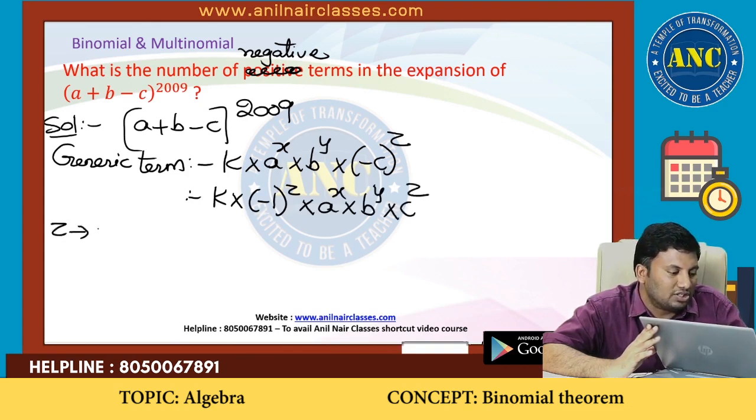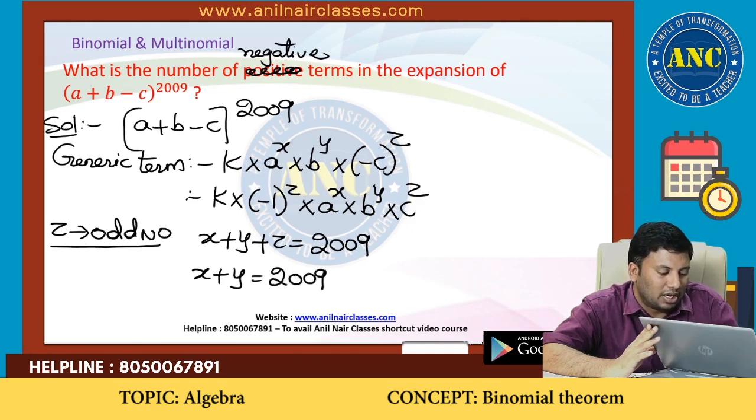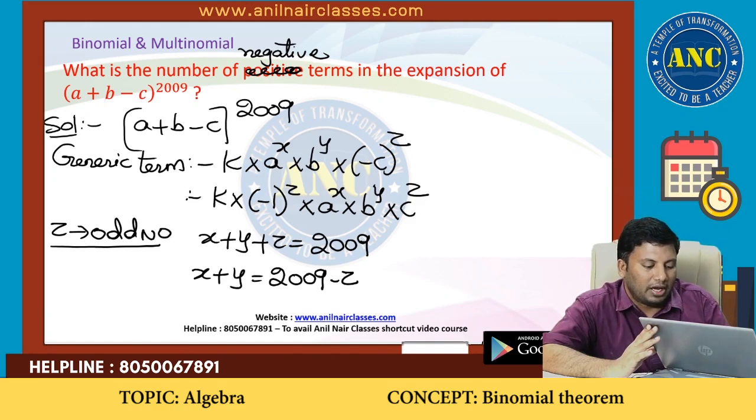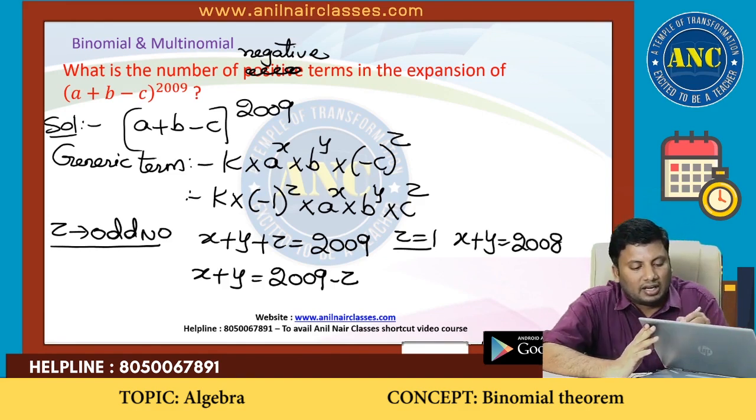Negative means z should be an odd number. The sum of the powers x plus y plus z should be 2009, so x plus y is 2009 minus z. If z is 1, x plus y equals 2008, so I get 2009 terms.